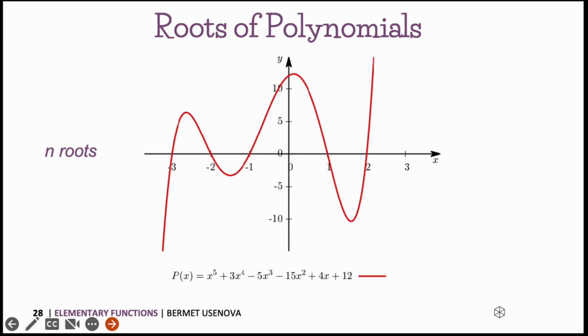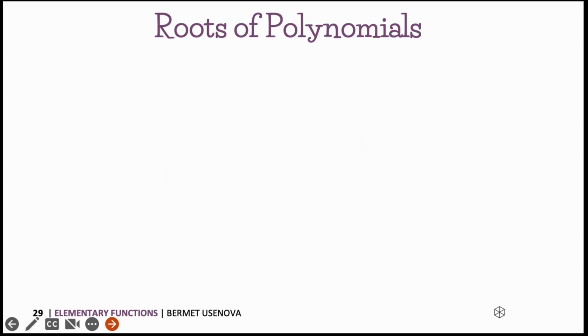Now let's have a look at examples. 5 is the largest power here, and our polynomial is of degree 5. So we have 1, 2, 3, 4, 5 roots here. Roots are where our function is crossing the x-axis. So these are the roots of the polynomial. Odd polynomials have at least one root.